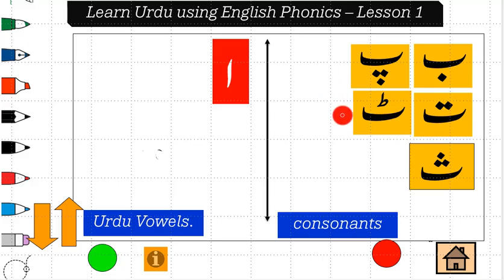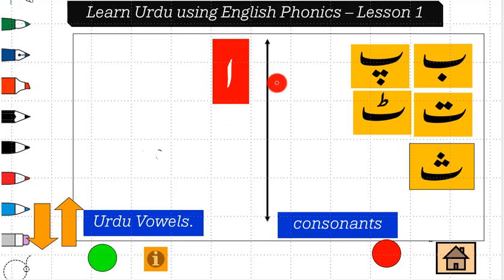Now on the right hand side of the screen, these are some alphabets of Urdu. I have got 5 alphabets. If you observe, they are almost similar in structure, isn't it? I'll explain later. These 5 are the consonants on the right hand side, and on the left hand side I have got the first Urdu vowel.